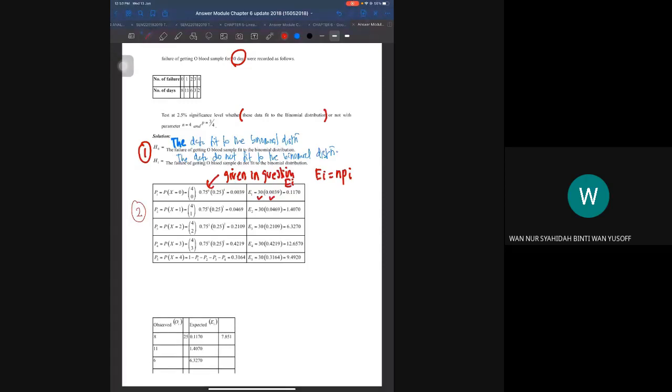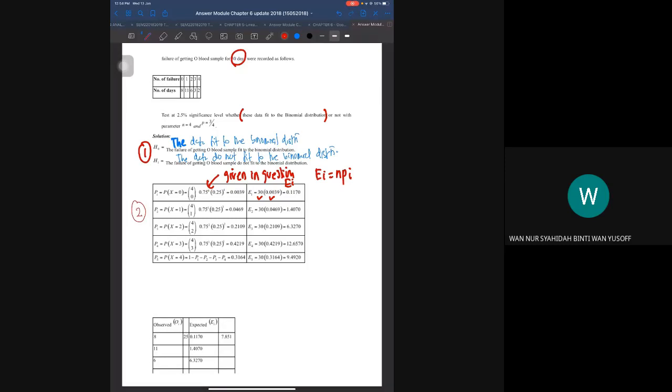Is there any E less than 5? Yes. Which one? E1, E2, E3. E1 and E2. Okay, so first we combine E1 with E2 and then we check again whether they are less than 5 or not.